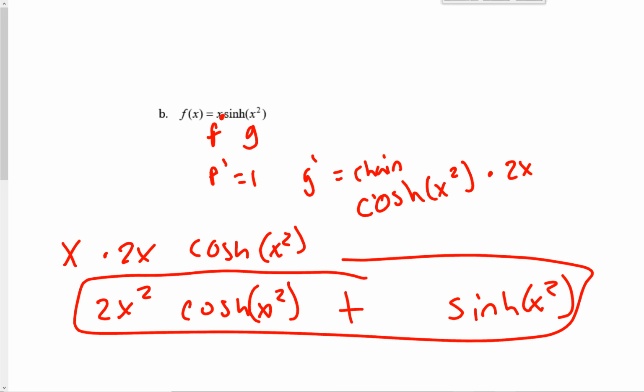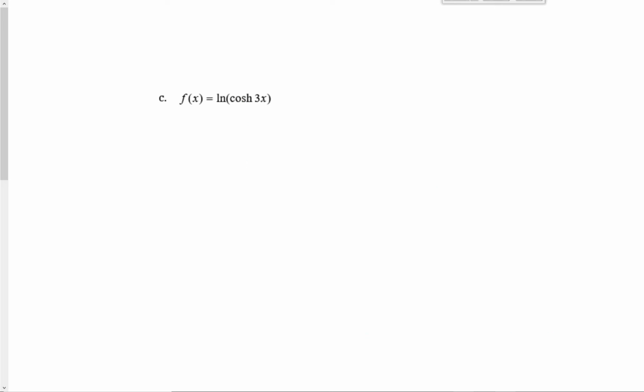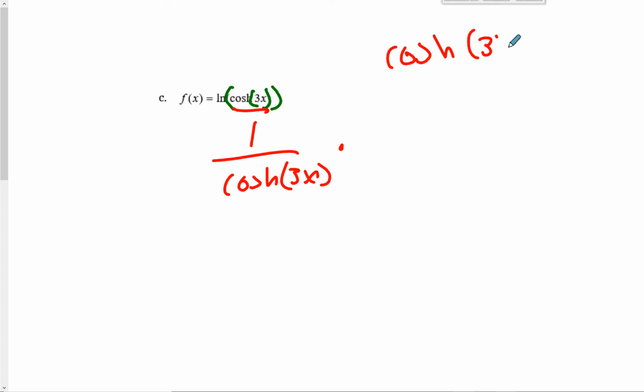Okay, next one. You're going to be taking the derivative of ln of something. The derivative of ln is 1 over x, so I leave the inside the same and then multiply by the derivative of the inside. The derivative of the inside is also a chain rule: the derivative of hyperbolic cosine is hyperbolic sine.